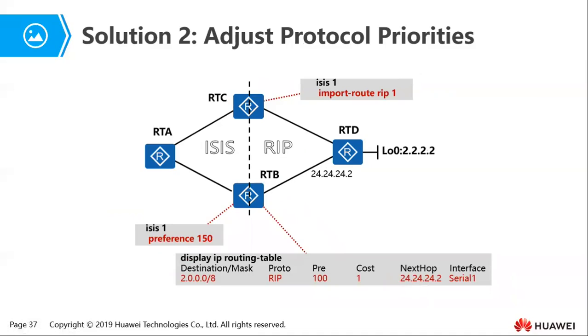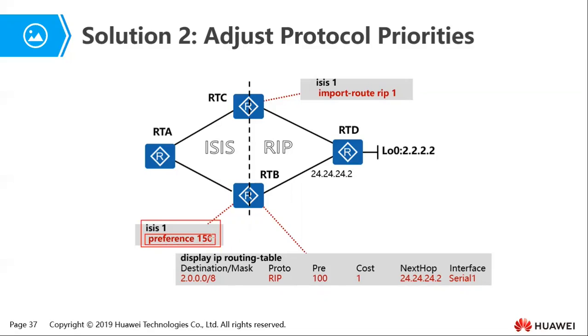The other one is we can also adjust the protocol priorities by changing the preference value. So other than using the filter, we can also change the preference value. Here we're simply saying isis 1, then we're changing the preference value for ISIS routes.